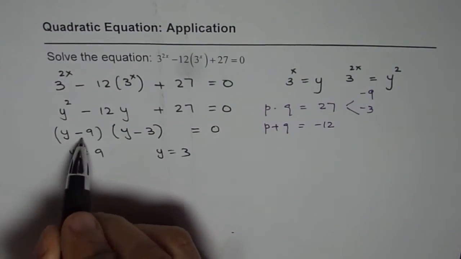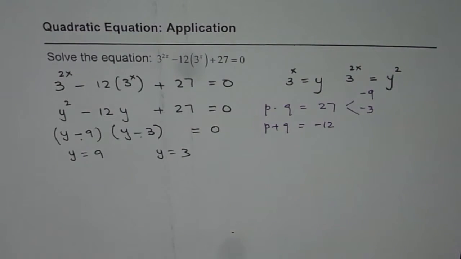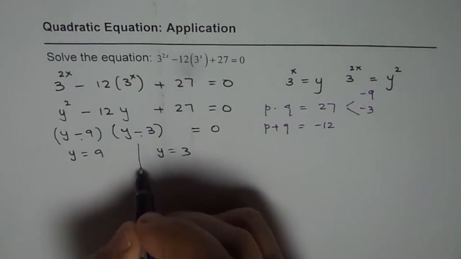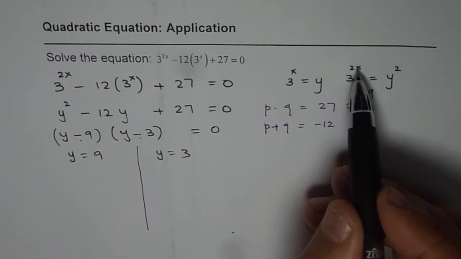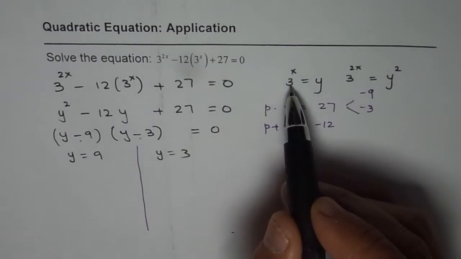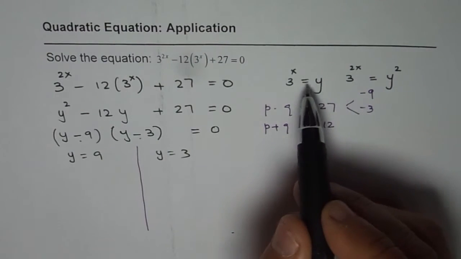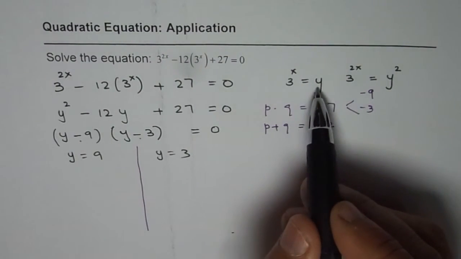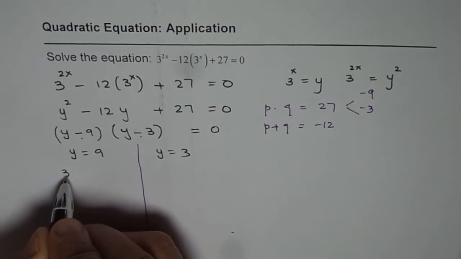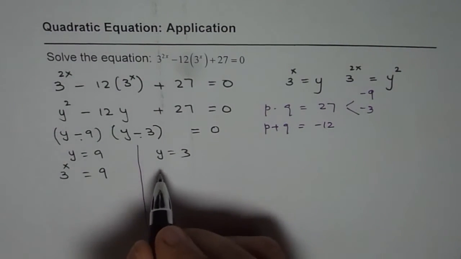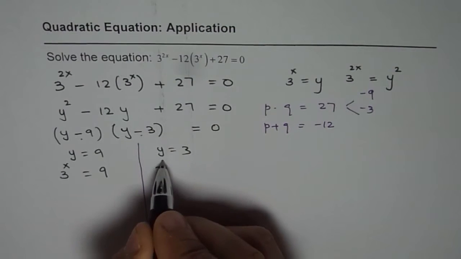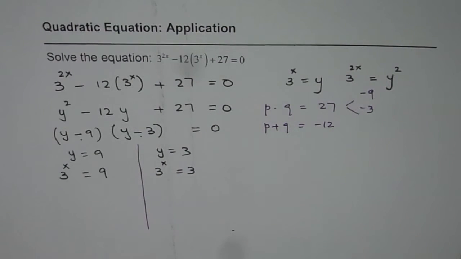Y is indeed equal to 3 to the power of x. So let us substitute back 3 to the power of x for y. So we get 3 to the power of x is equal to 9, and 3 to the power of x is equal to 3.